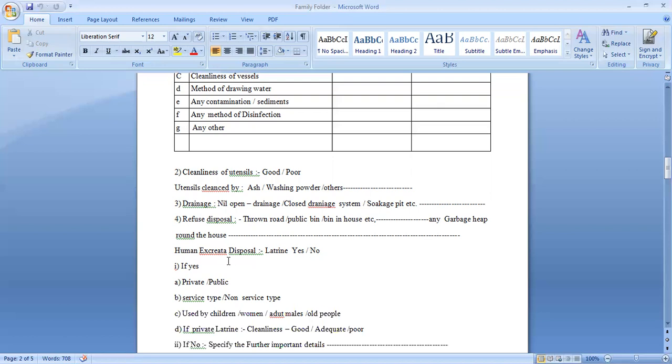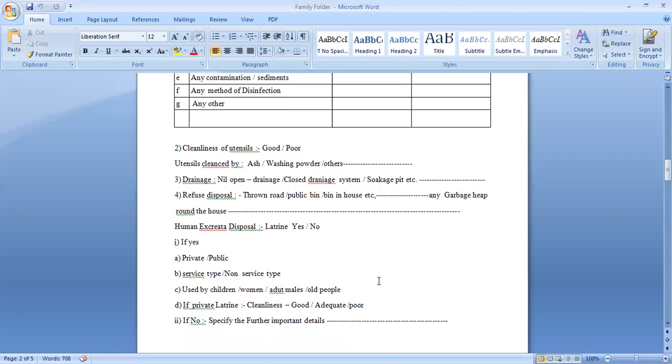Now, human excreta disposal is very, very important from the disease prevention point of view. So the first thing you have to inquire is whether they have a latrine in their house, yes or no. If yes, then whether they use a public latrine or they have a private latrine of their own in the house itself.